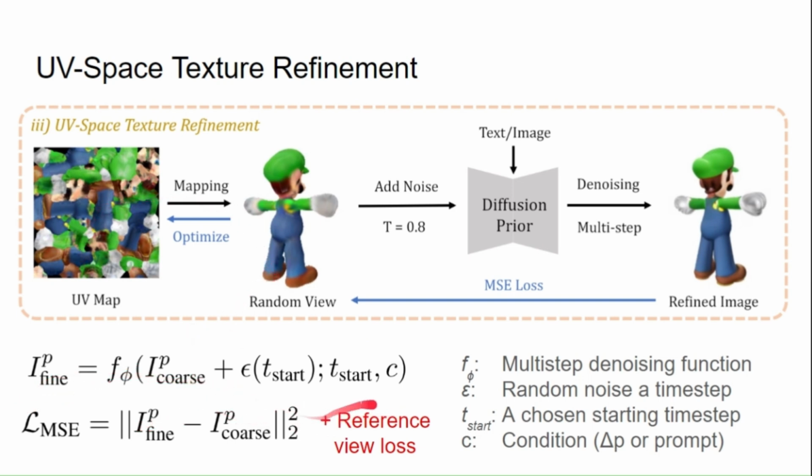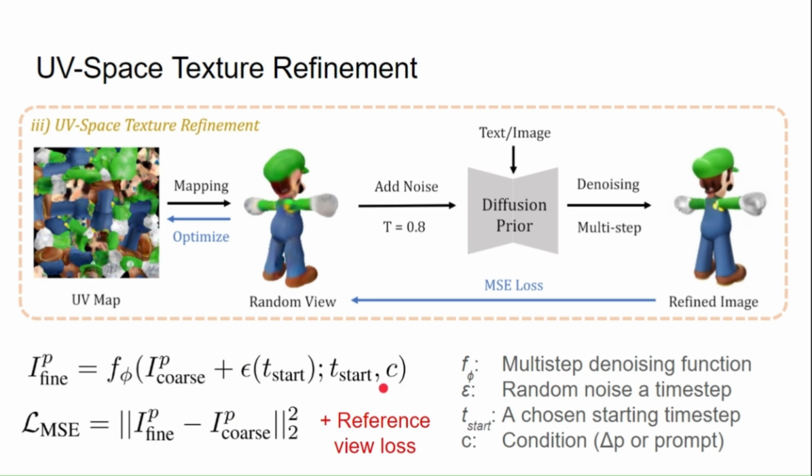So here is the definition of the refined image. Having a multi-step denoising function, f, and taking the coarse image, which is the random view, and a starting noise. This noise is related to the starting time step, and this time step is carefully chosen in order to not have the noise be too large for it to be unsalvageable.